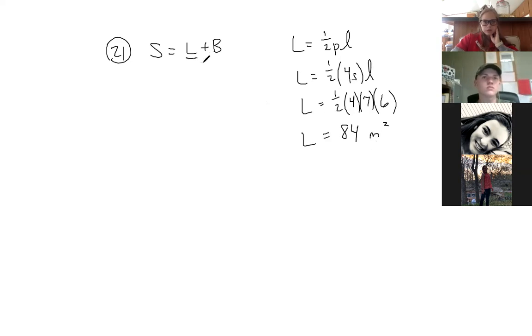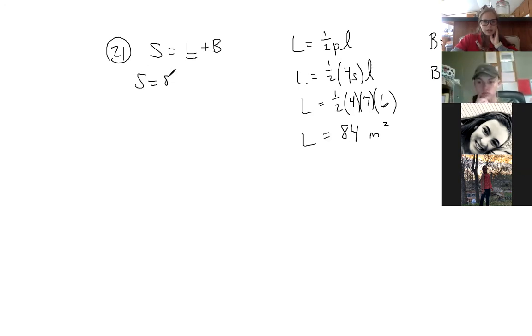All right, we found our lateral surface area. Now let's find the area of the base. Well, the base is a square, so the area formula for a square is s squared. So Ethan, what is my area of the base? 49, yes, because it's 7 squared, which is 49 square meters.